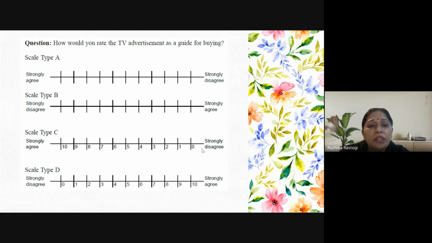It is not necessary that the left hand side always has to be disagree. So we can change the direction. In scale C, we have put some numbers so that it will become easier for the respondent to go through the scale. And in scale D, as we have changed the position, we have changed the numbers too. So there are different types which can be used in your own way, the way you feel comfortable.